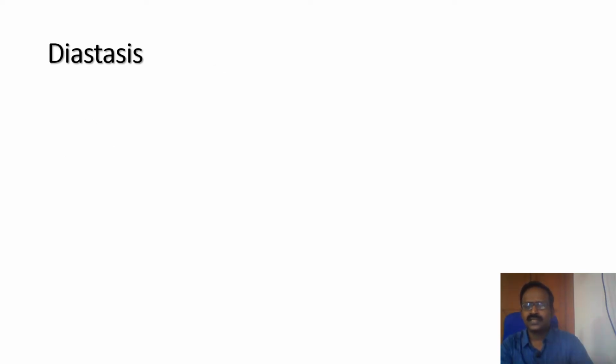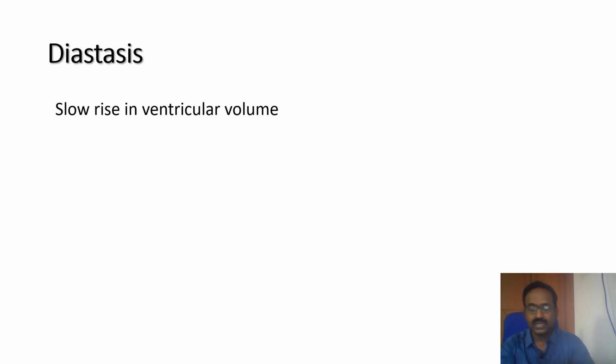Diastasis, otherwise called the reduced filling phase. Most of the ventricular filling occurs during the reduced filling phase and rapid filling phase. So during the reduced filling phase or diastasis, there is a slow rise in the ventricular volume. Ventricular volume is slowly raised.